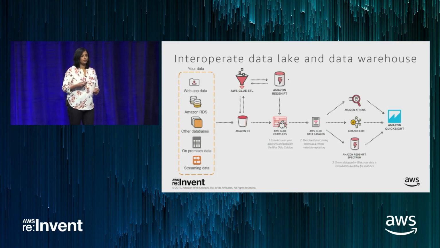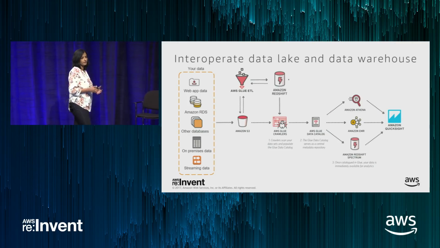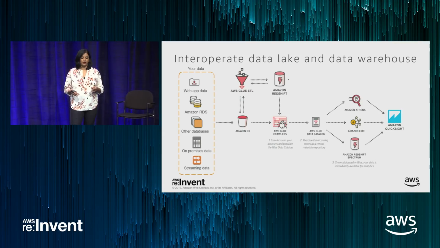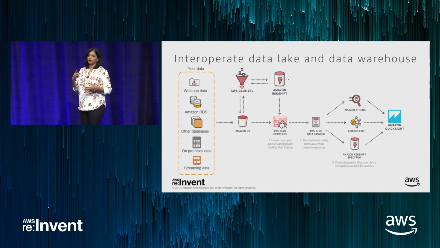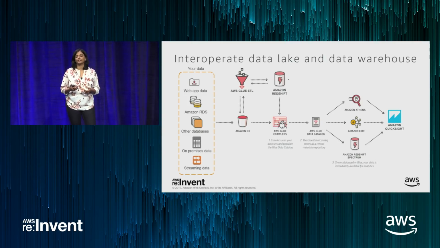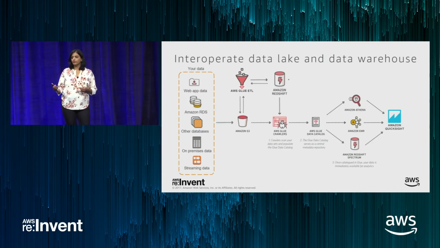So with Glue, you can actually interoperate your data lake and your data warehouse. You can bring your data into Amazon S3. You can load your recent or most frequently accessed data to Amazon Redshift. You can compute your aggregates inside of your data warehouse.